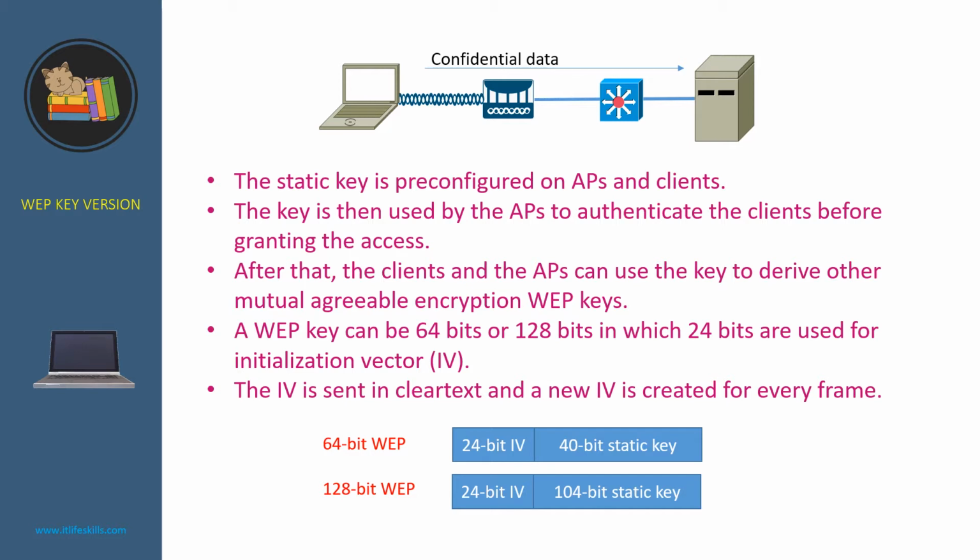As you can see, in the 64-bit WEP key, 40 bits are assigned to the static key, and in the 128-bit WEP key, 104 bits are assigned for the static key because 24 bits are used for the initialization vector.